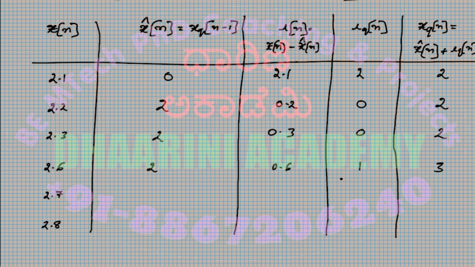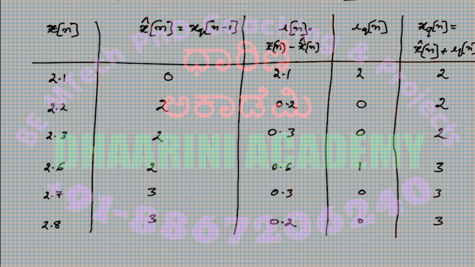So 3. 3 comes down, 3 minus this, 0.3, 0. Next, once again 3 comes below, 0.2, 0, and 3. So what you send is the error signal.